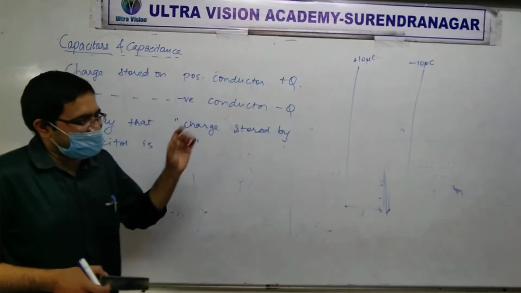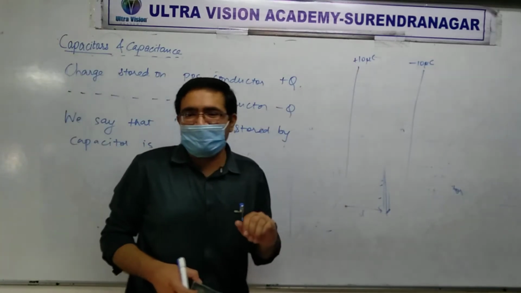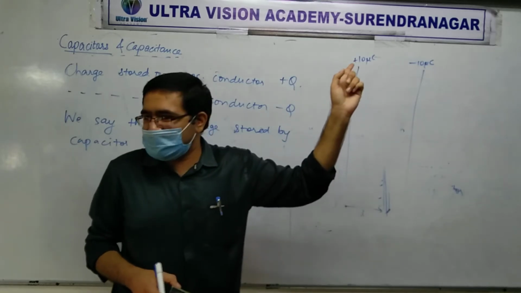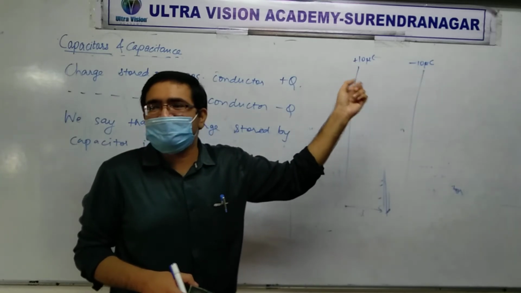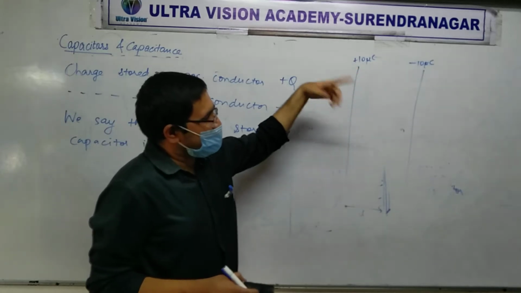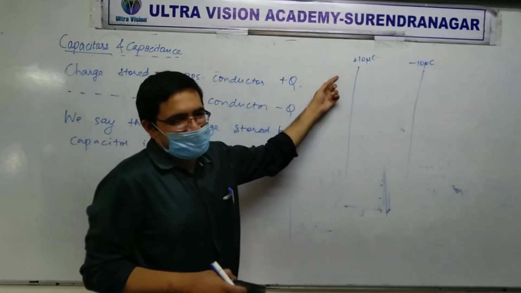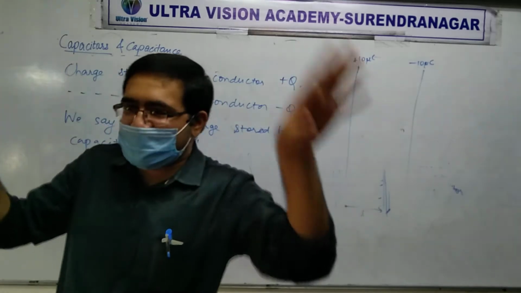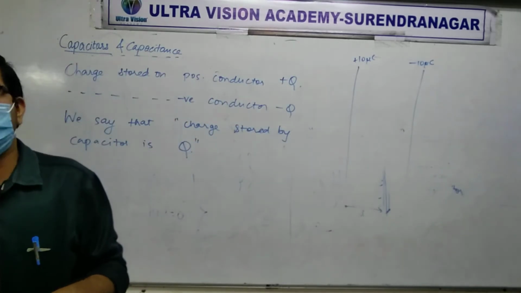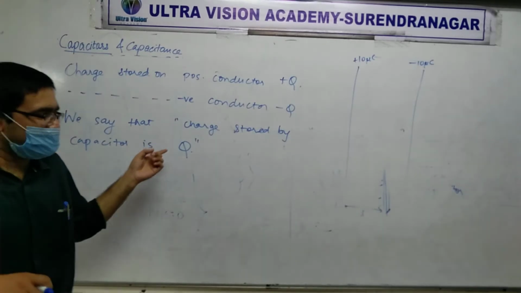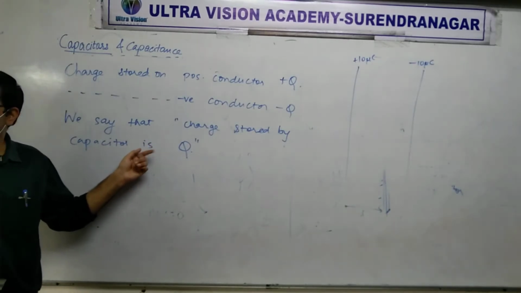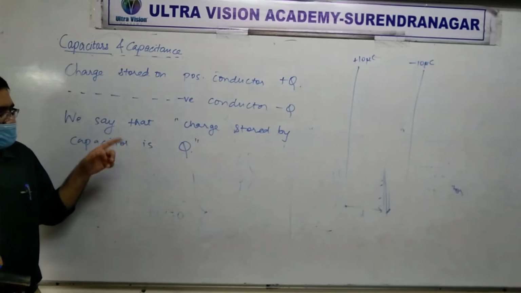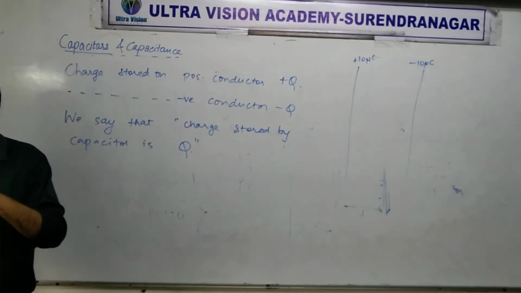So if someone says that a capacitor stores 10 microcoulomb charge, it automatically means one side plus 10 microcoulomb, the other side minus 10 microcoulomb. What's the total of the charge stored? 0. But still we say that the charge stored by the capacitor is Q.